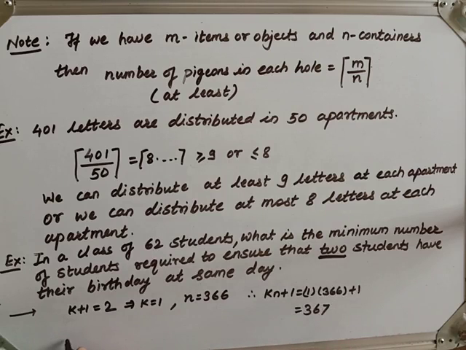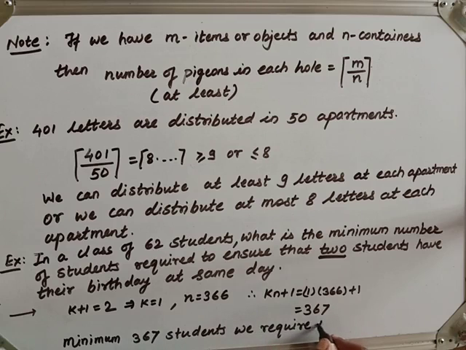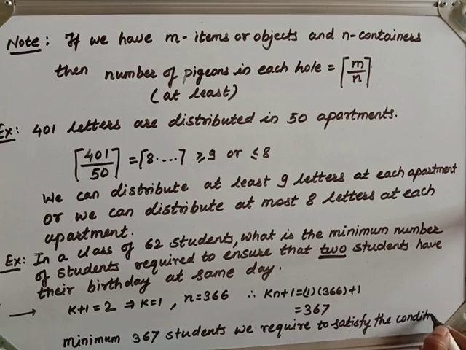So minimum 367 students we require to satisfy the condition. Is it okay to you?